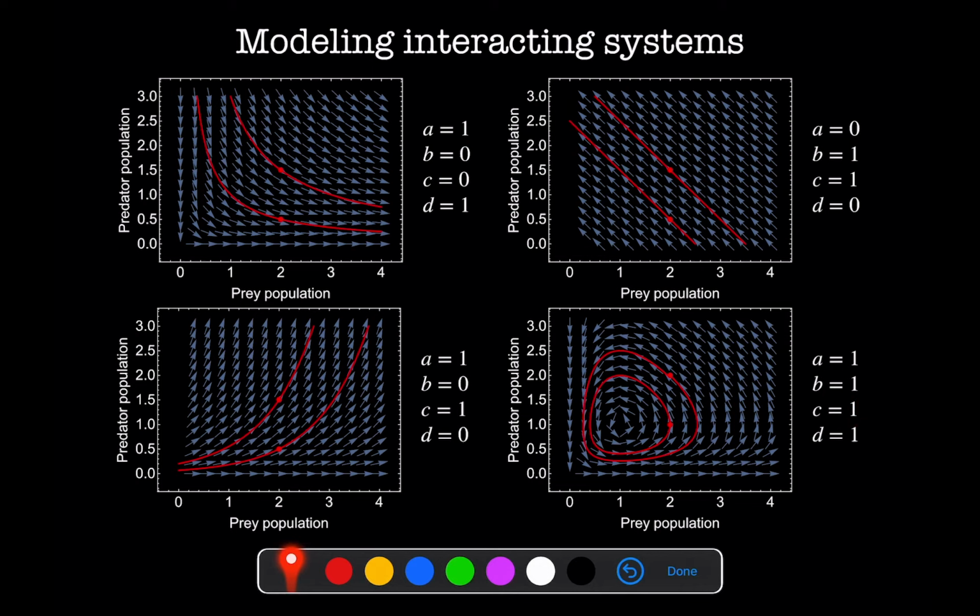I've set these all to 1, but depending on the biology of your system, you might need to vary this. So what's going on here, I've got these red dots of where I've started my solution. Here's my population that has, I guess, 2 prey and 2 predators. Maybe this is like 2 million of each or something like that.